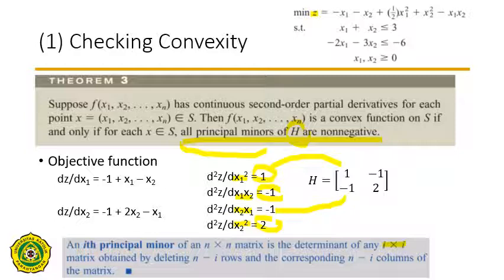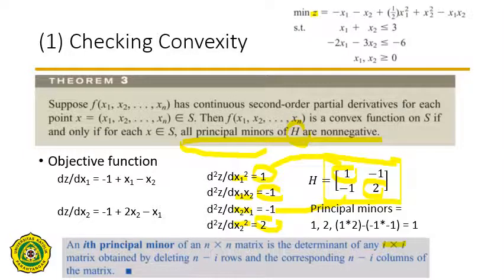If you delete the second column and second row, this is your 1 by 1 matrix, and that is the principal minor. If you delete the first column and first row, this is your principal minor. And if you want a 2 by 2 matrix, you delete 0 rows and 0 columns, or in other words, you just compute the determinant of the entire Hessian matrix.